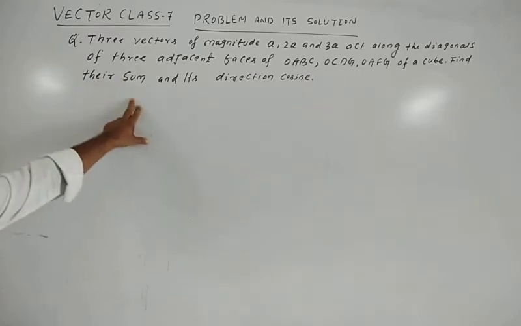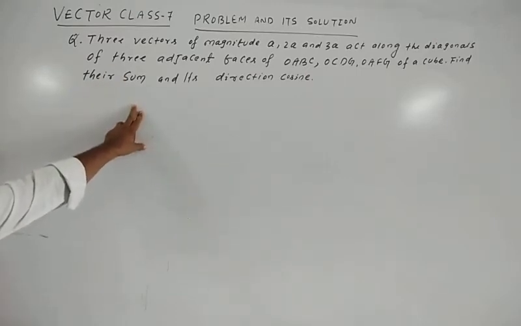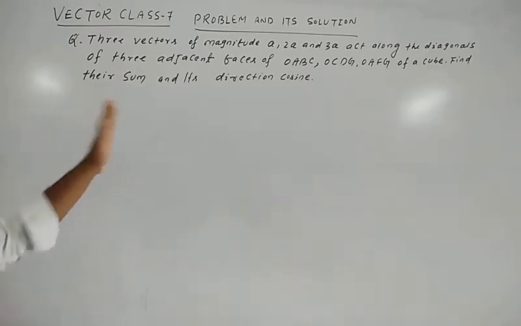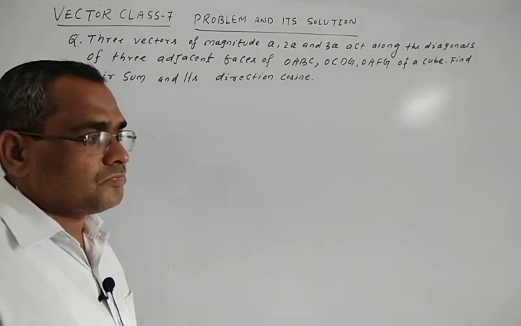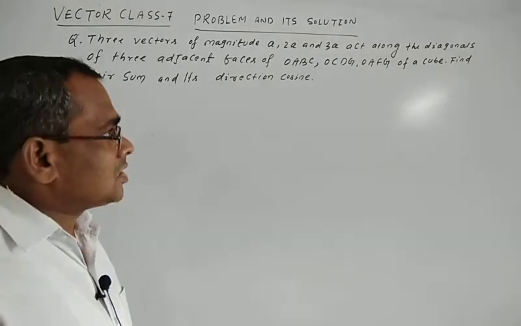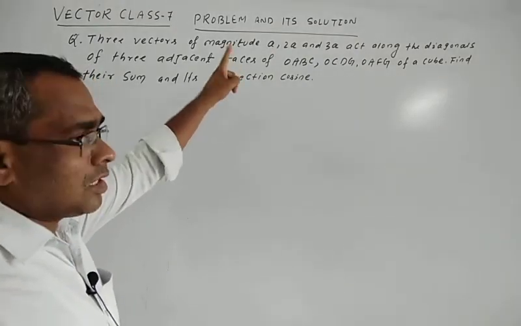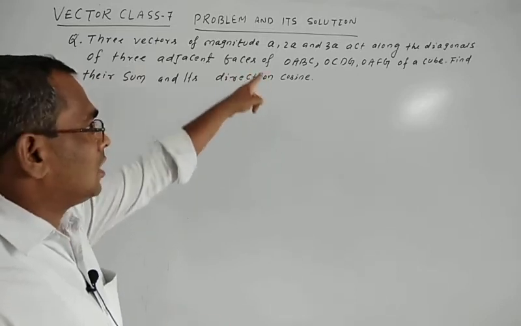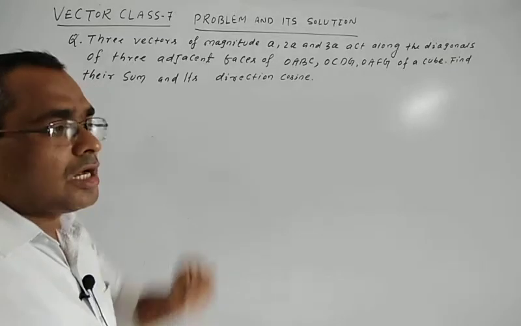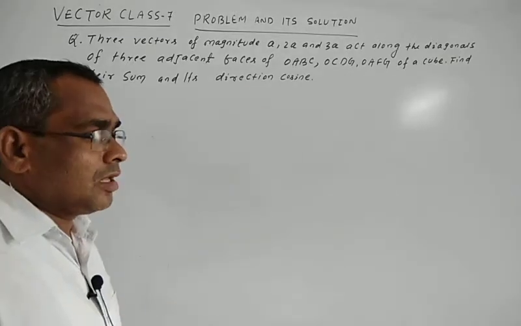Find their sum and its direction cosine. Now we are given a cube and the diagonals of three of its faces. One diagonal's length is a, the other diagonal's length is 2a, and the third diagonal's length is 3a.